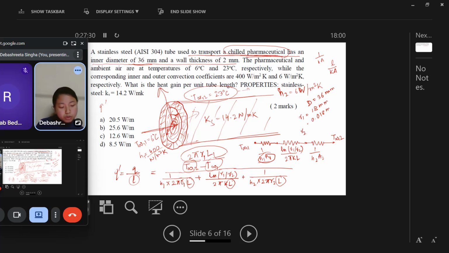R2 will be 0.018 plus the thickness, which is given as 2 millimeter, that is 0.002. It will come out to be 0.02 meter. So you know R1, you know R2, you know H2, you know K. K is also given. K of the steel is 14.2 watt per meter Kelvin. Please calculate this and tell which option you got.